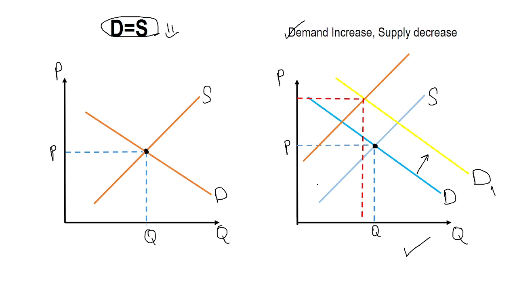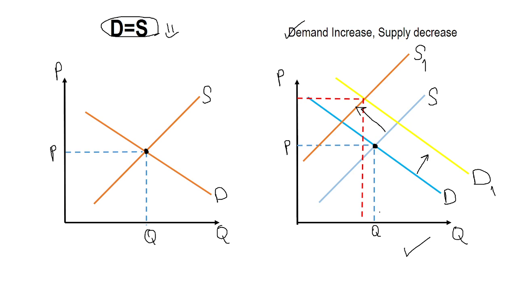So we shifted demand to the right because demand experiences an increase, but supply experiences a decrease. To show the decrease in supply, as we know, we need to shift the curve to the left. So the supply curve shifts to the left, and we label it S1.